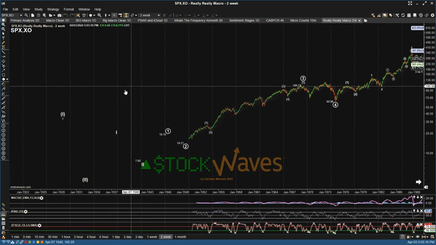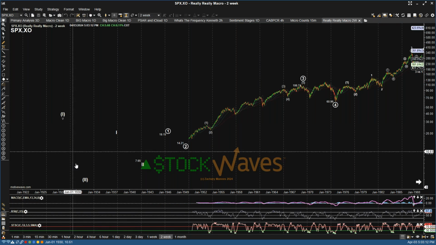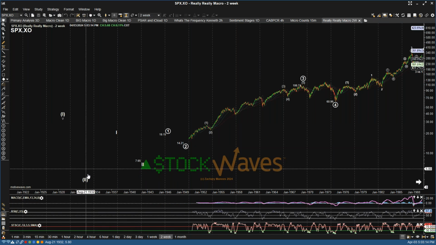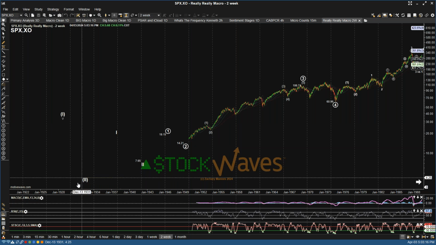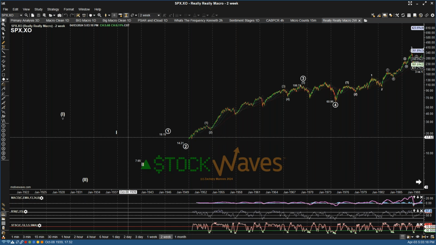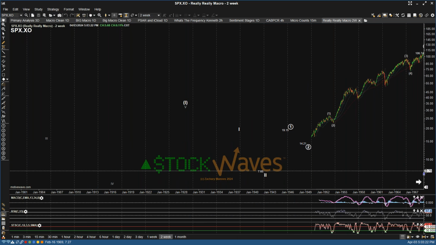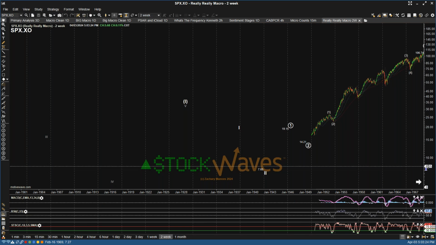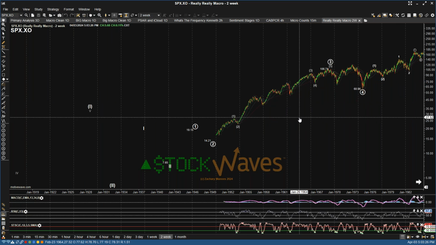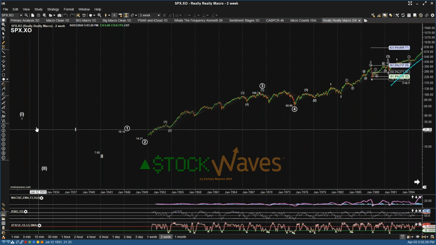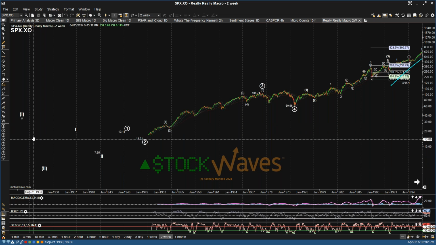So back here in the 1929 crash to the 1930s, where the rest of that wave 2 filled out, of the super cycle degree wave 2, that was a wave 2 that started back in the 1860s at the end of the Civil War. This was a very, very sharp, abrupt zigzag drop.